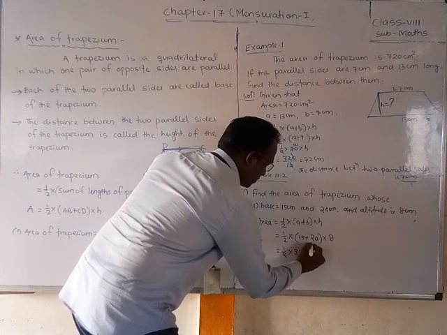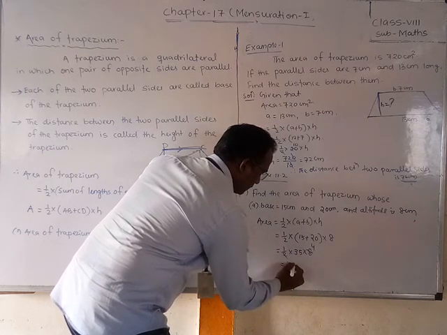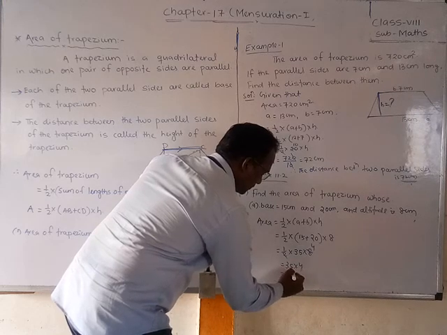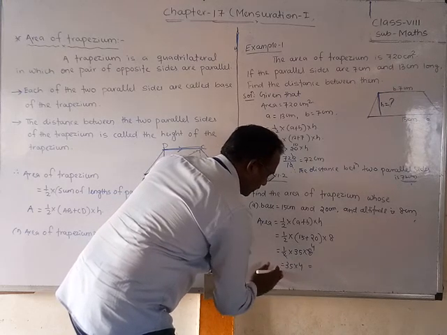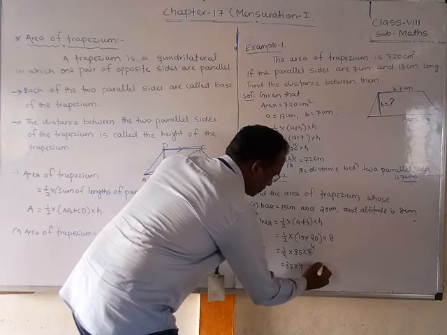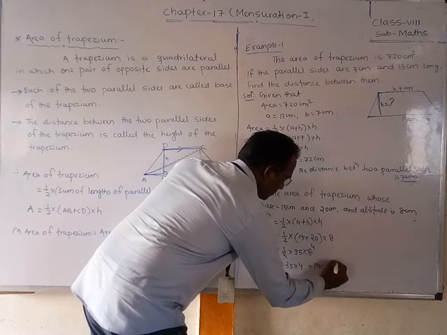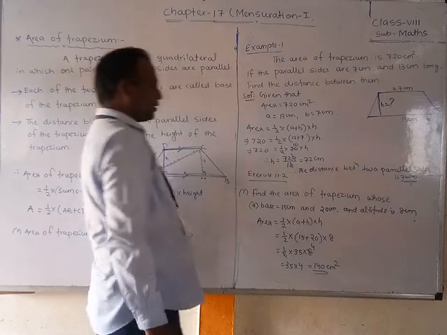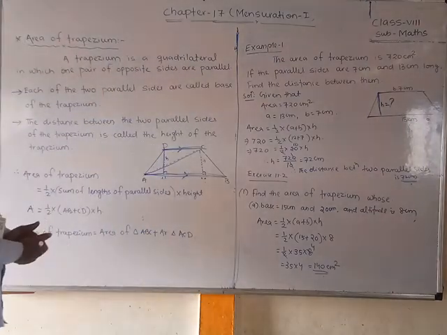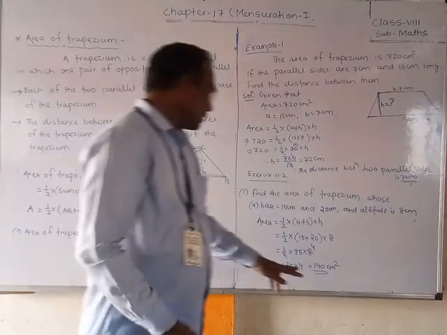If you cancel with 4, 35 into 4 is equal to 140 centimeter square. So hence the area of the trapezium is equal to 140 centimeter square.